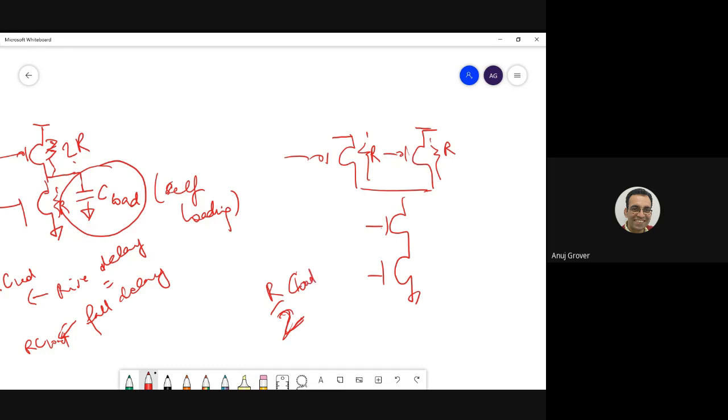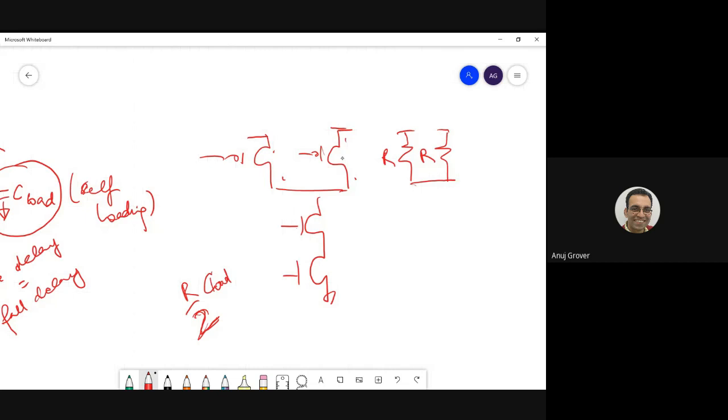And what will be the effective Elmore model? There is this R, this R, and this C load. And there is nothing else because both the NMOSes are off. So effectively it is R by 2 into C load. That is my contamination delay.